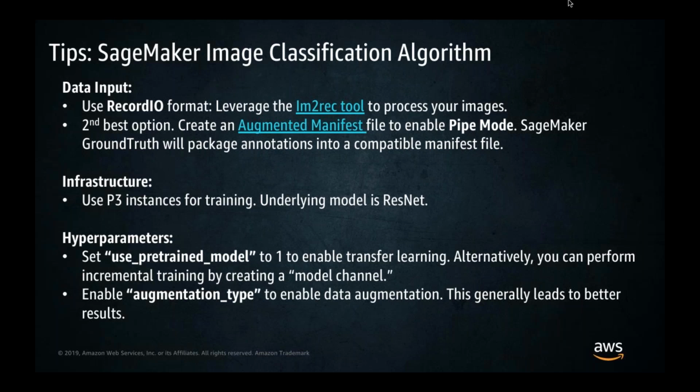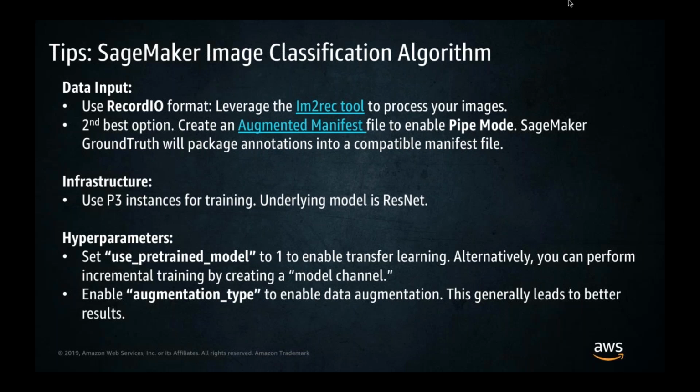So instead of file mode, where you copy the entire data set from S3 over to the SageMaker instances, pipe mode streams the data sets directly from S3. This provides a better means of scaling to large data sets and also reduces the training startup time and improves overall training performance. Also, I highly recommend using the P3 instances for training. You're going to get more than an order of magnitude improvement in training performance compared to CPU.